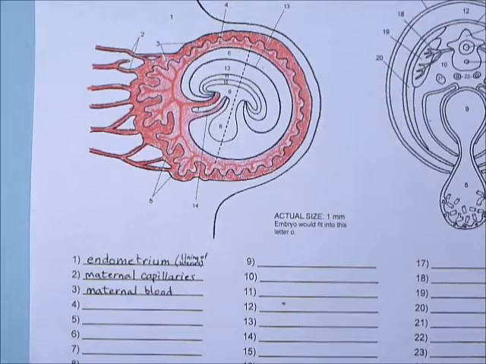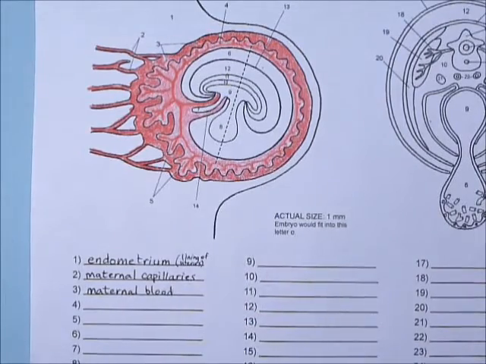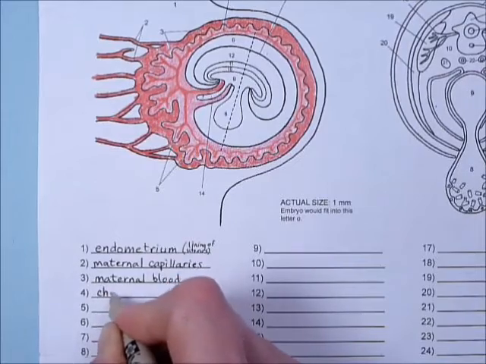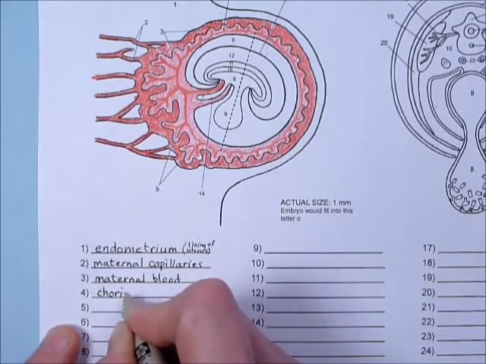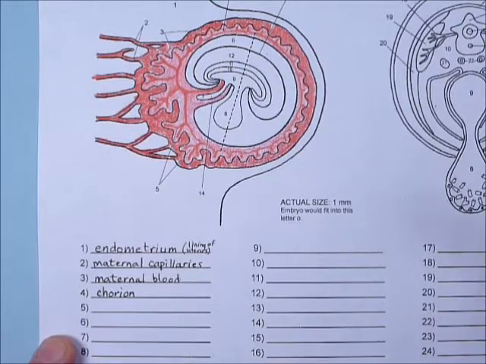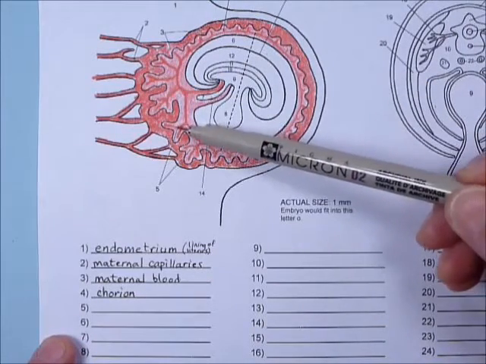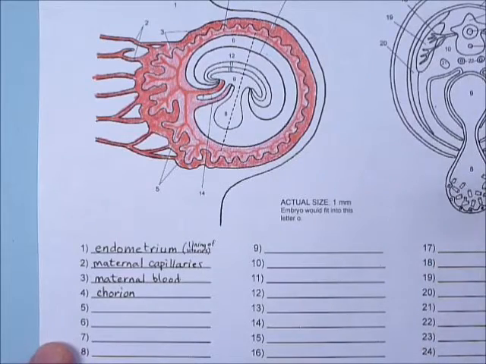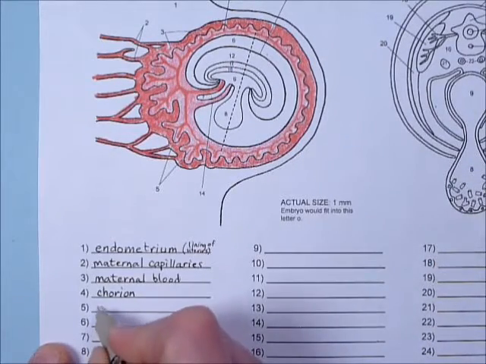And let's label number 4 down here. Here, chorion. And then number 5 is pointing to the little vessels, chorionic villi with capillaries.